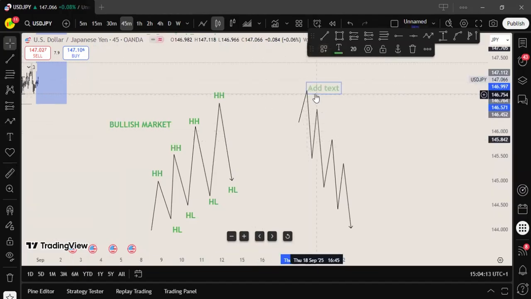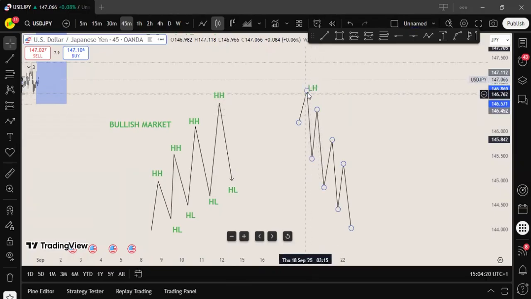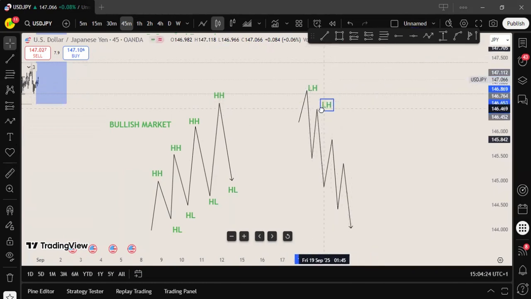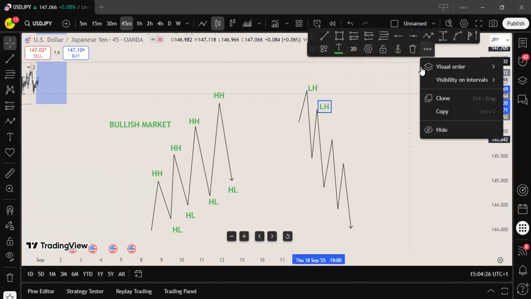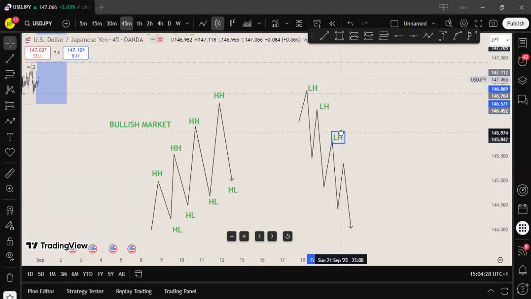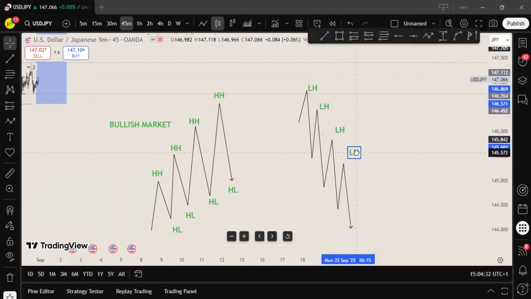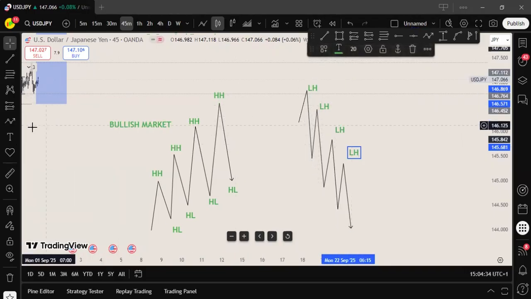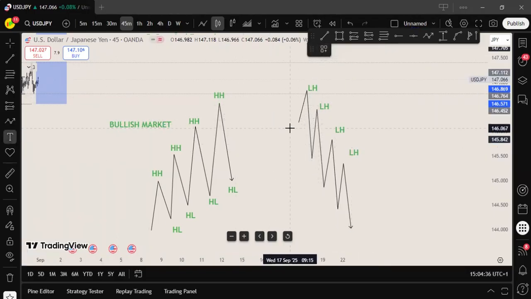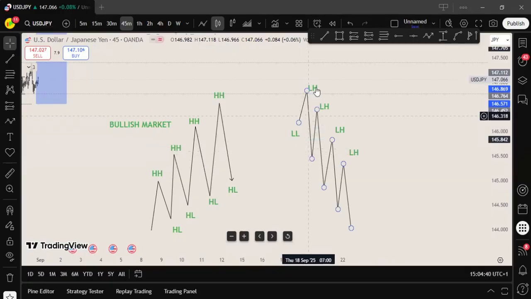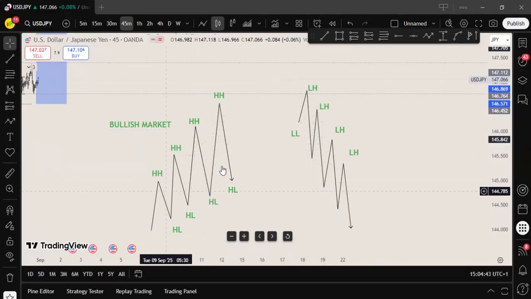We have lower high, lower high, lower high, lower low, lower high. We still have lower high, lower high, and we have lower lows. So this is the bearish version of this.